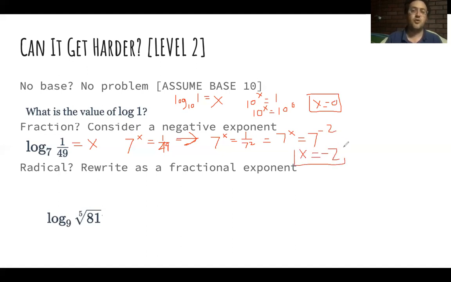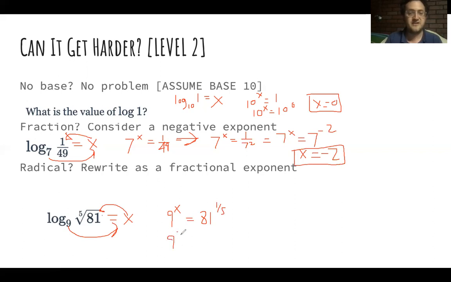And then I would say the worst case scenario with your logarithms is dealing with fractional exponents. In this case, we are still going to do the base to the exponent, like the 9 to the x. And I'm going to write this as a fractional exponent. So instead of saying the 5th root of 81, I'm going to say that this is 81 to the 1/5.